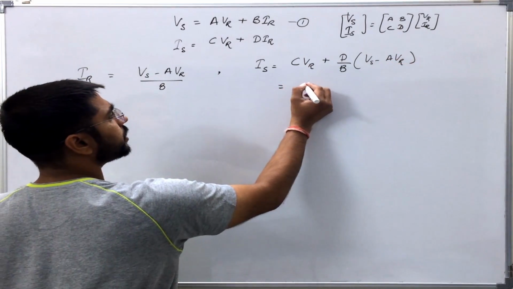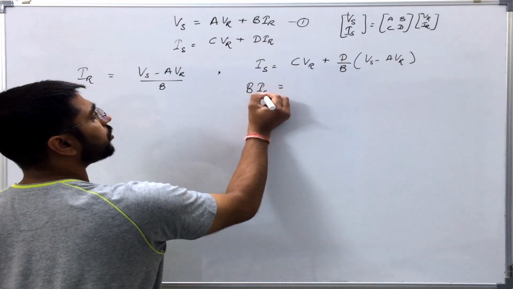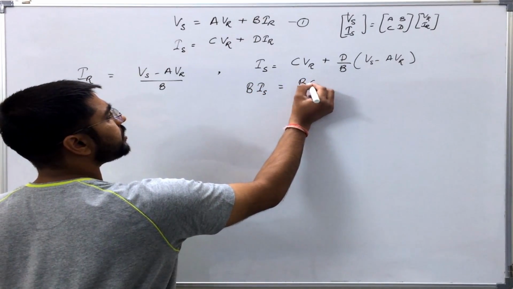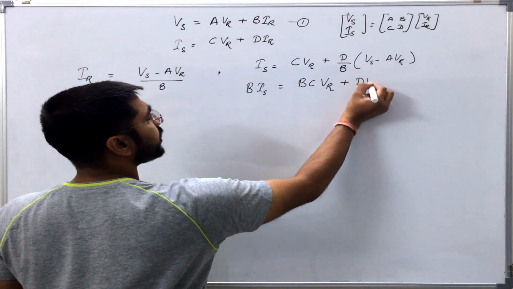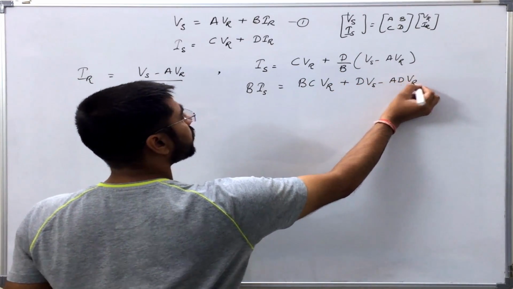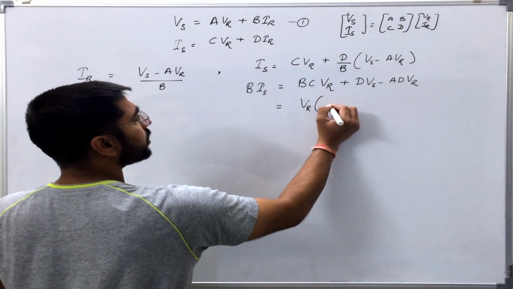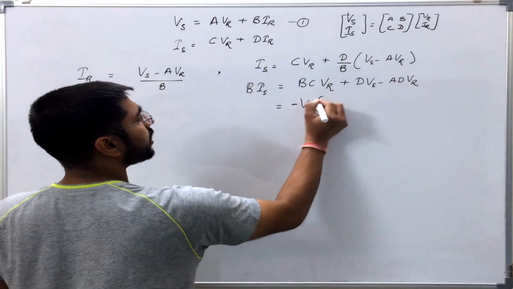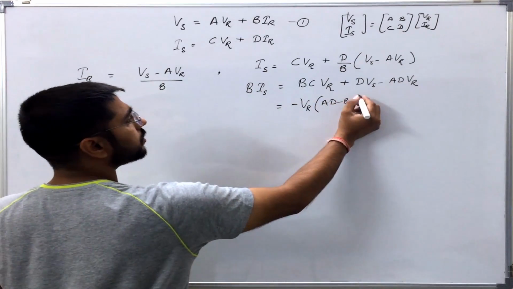Multiplying by B on both sides, this equals B C VR plus D Vs minus A D VR. If I take VR common, this gives minus (A D minus B C) VR plus D Vs, where I have taken the minus sign out.